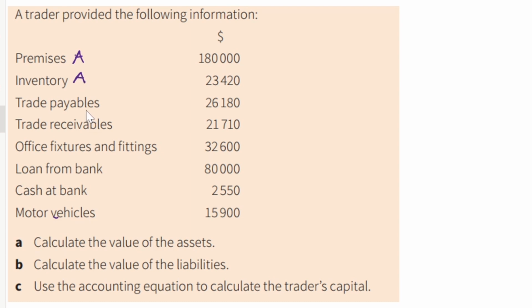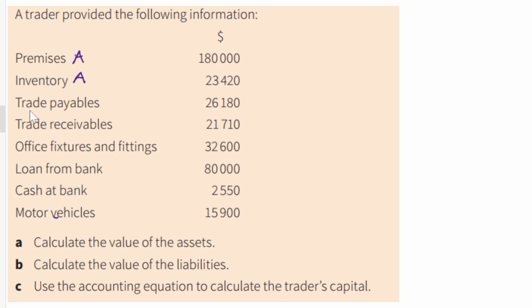Then we have trade payables. Trade payables are when suppliers give you things on credit during the process of trade. In other words, you're supposed to pay back their money.